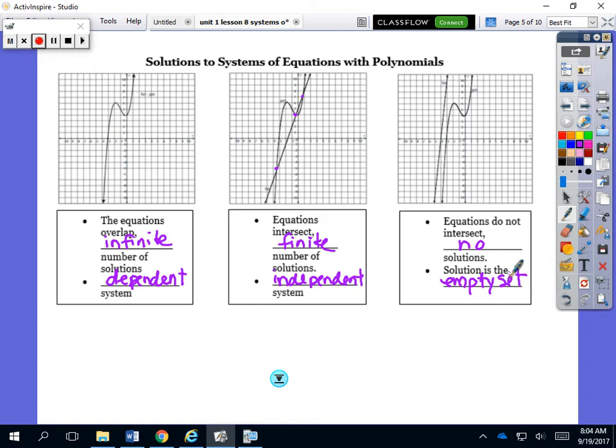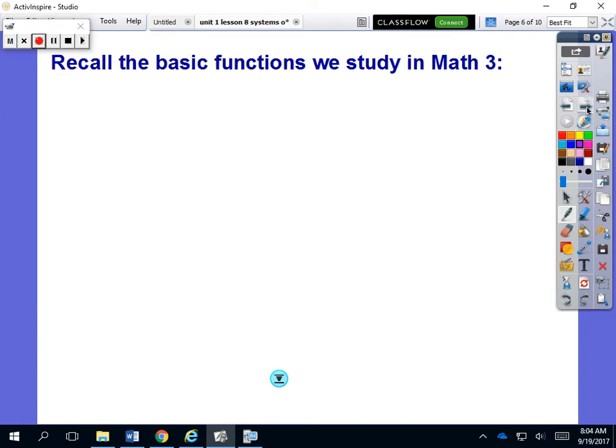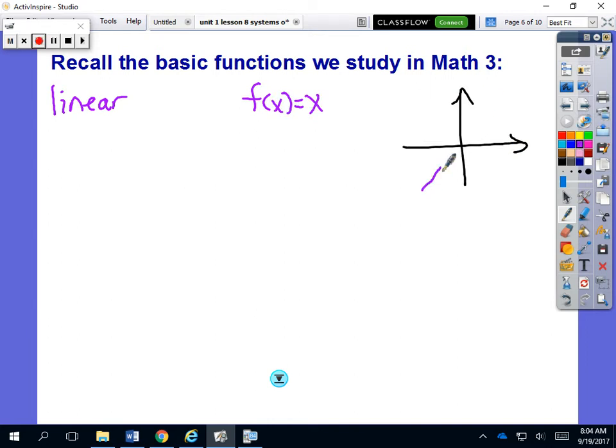And then as we do these, we're going to look at the different types of functions we studied at the beginning of the class, such as the linear function. You might have to use the back of the page as we list these also. Flip over your paper if we run out of room here. That looks like f of x equals x, and your graph is just a straight line.